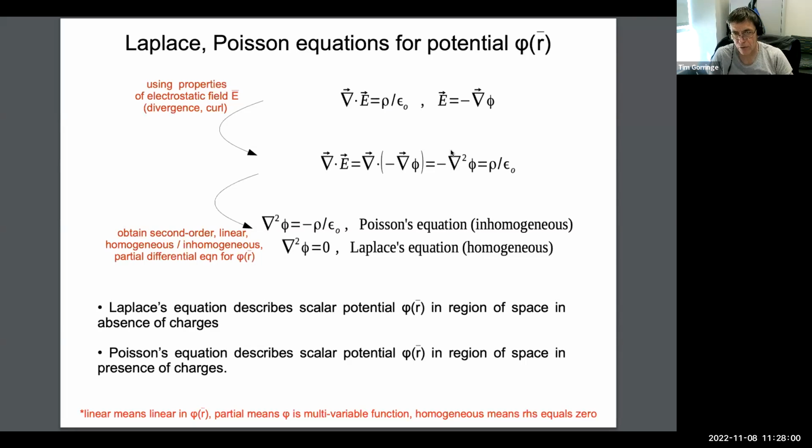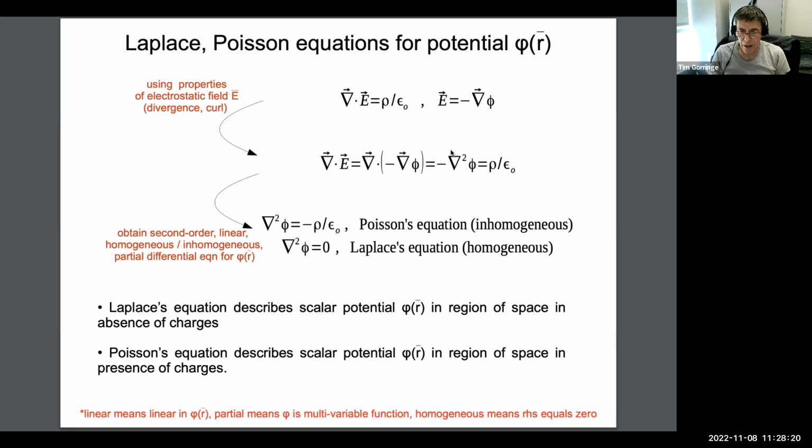So in today's class, we're going to explore the solution of Laplace's and Poisson's equation. I wanted to begin by just reminding you where Laplace's or Poisson's equation come from, that is, how you derive them.